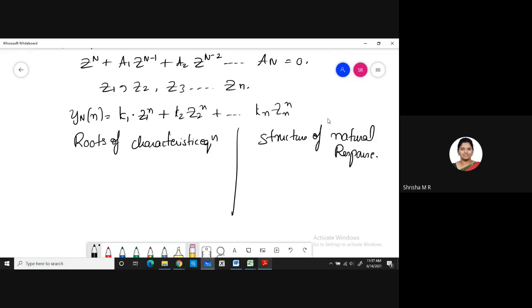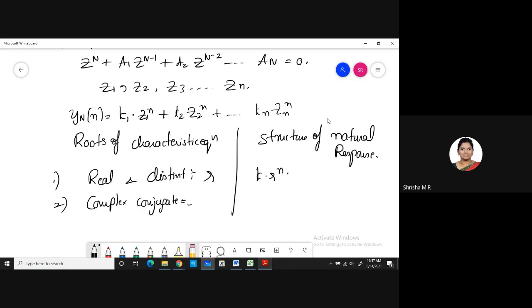If your roots are real and distinct, you have k into r to the power of n. Then if your roots are complex conjugate, you have r e power j omega, so that will be r to the power of n into k1 cos omega n plus k2 sin omega n.